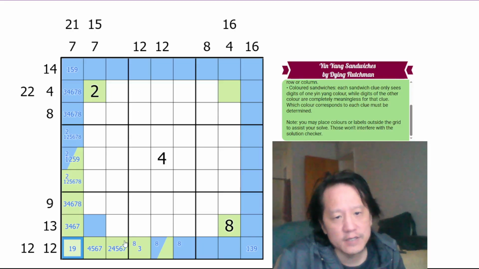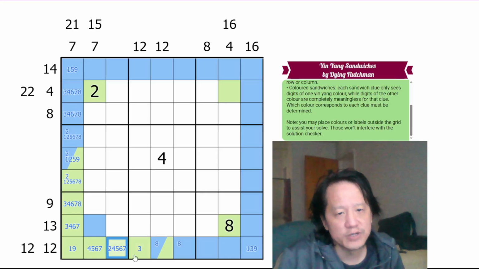So this can never be 8 here. Because if it's 8, then this would be 1, but then you'd have 5, 7 in between, and 2, 4, and 6, 2 would be the low digit then, and therefore it would not add up to 12 in between those. So if this is 3, this has to be 9.